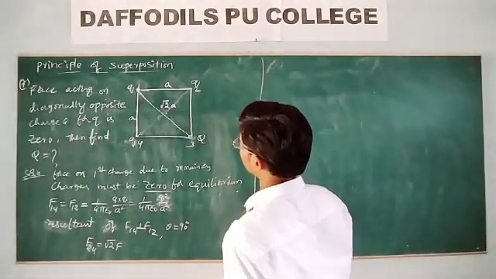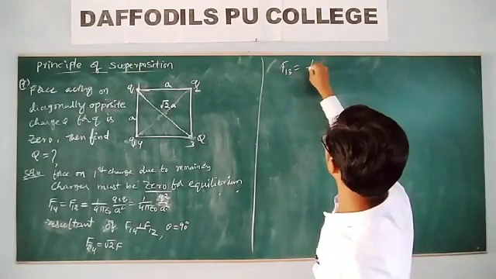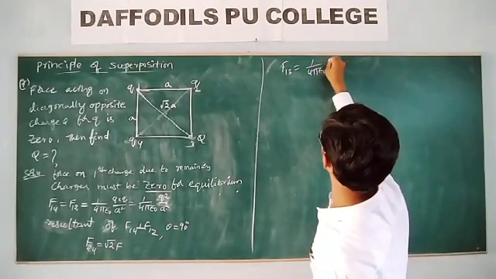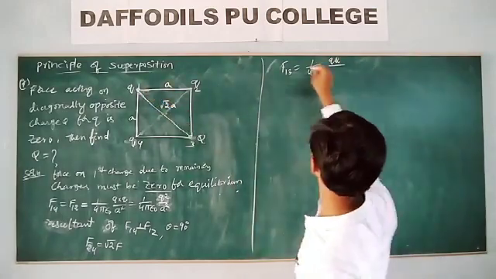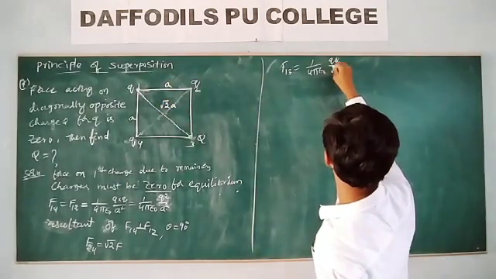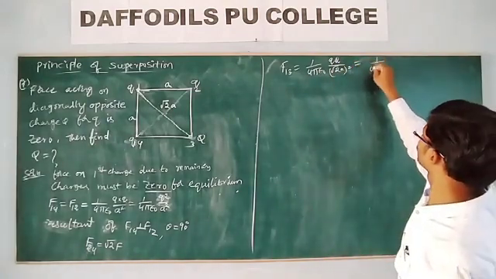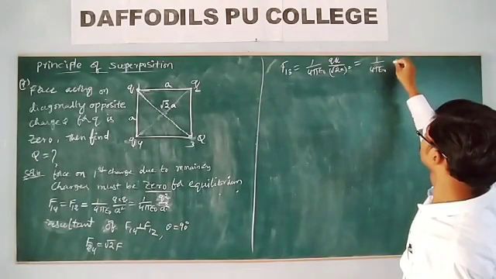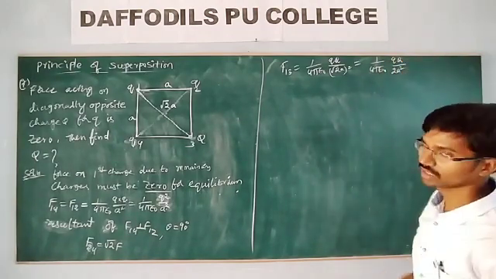Similarly, F13 is equal to 1 by 4 pi epsilon naught q into q by, what is the distance? Root 2a whole square, that is 1 by 4 pi epsilon naught q into q by 2a square.